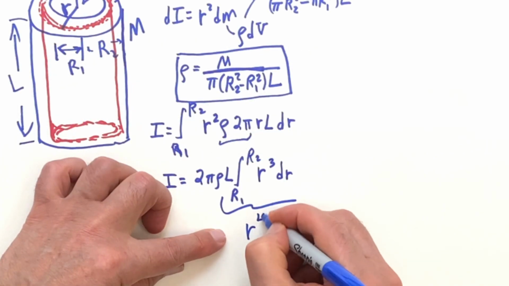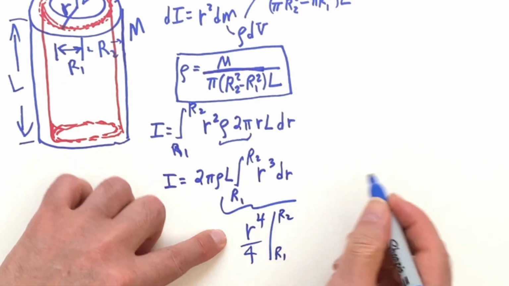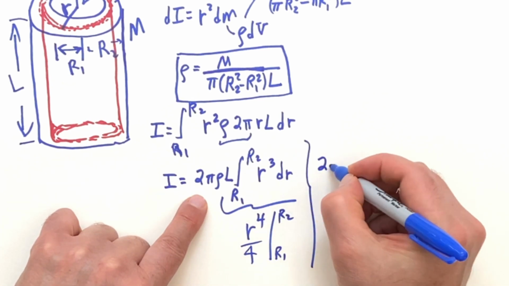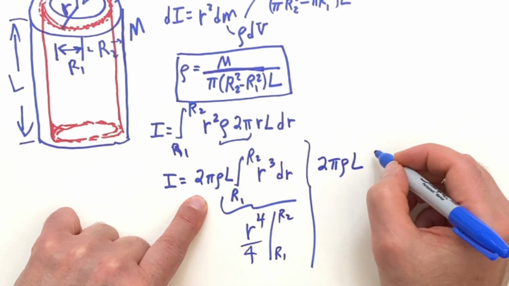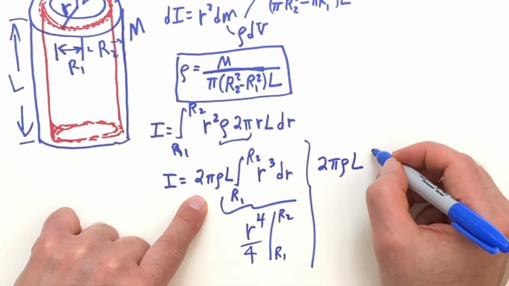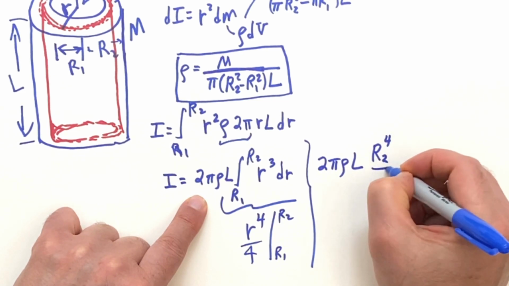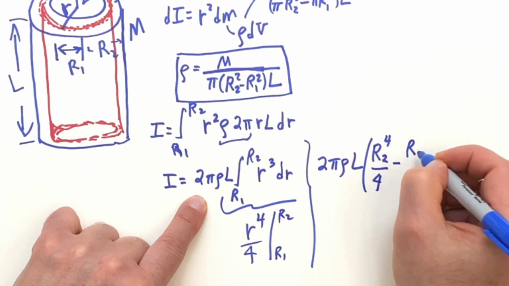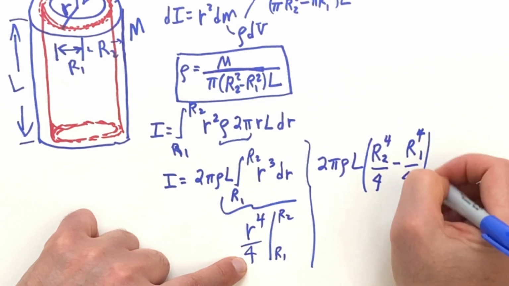Integrating, we get r to the 4th over 4 from R1 to R2. This gives 2 pi rho L times R2 to the 4th over 4 minus R1 to the 4th over 4.